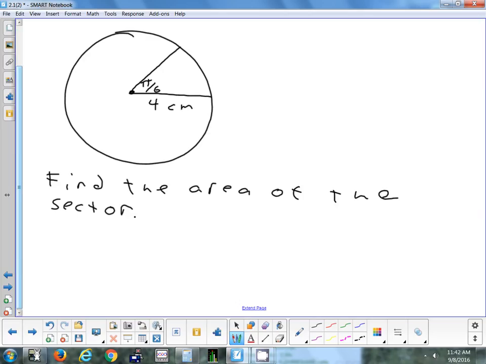All right, so first thing I've got to do is figure out what formula I need for this problem, because now we've got 2. Is this an arc length problem or an area problem? Find the area. So we're going to find the area of the sector. First thing I like to do is just write down the formula. What's that formula for area again? 1/2 r squared theta.